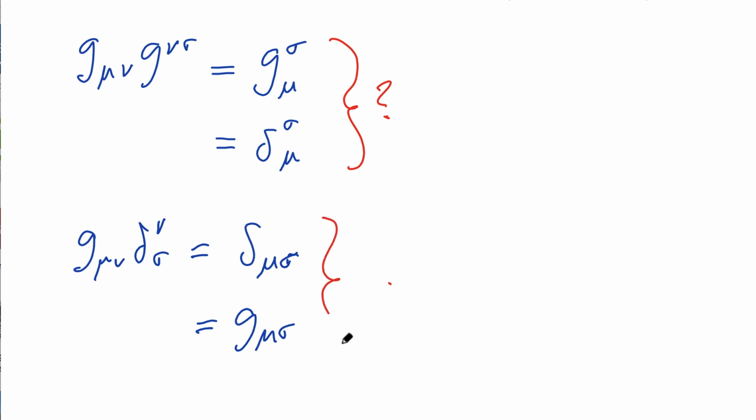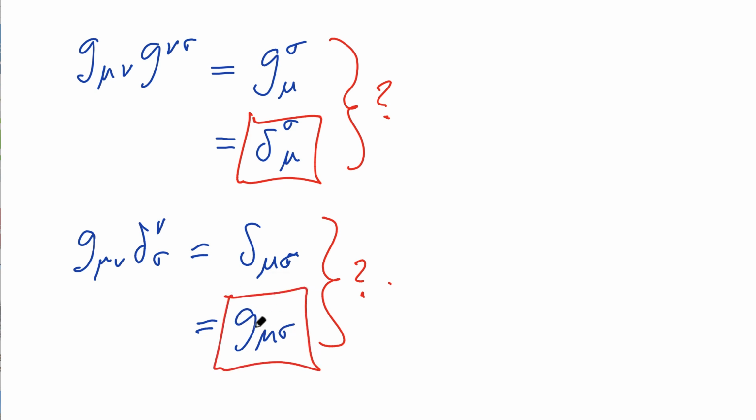So what is this? Do we call it delta mu sigma or g mu sigma? Well, either notation is fine here, but the usual practice in relativity is when the indices are one up and one down, we use the Kronecker delta symbol, the delta. And when both indices are down or both up, then we use the g, the metric symbol.